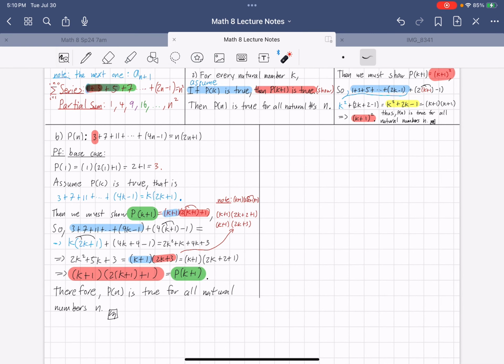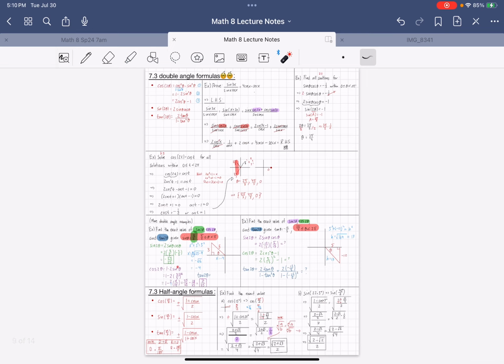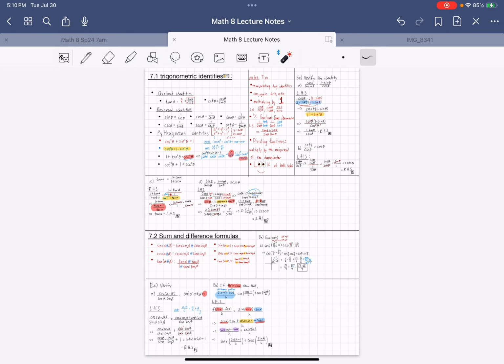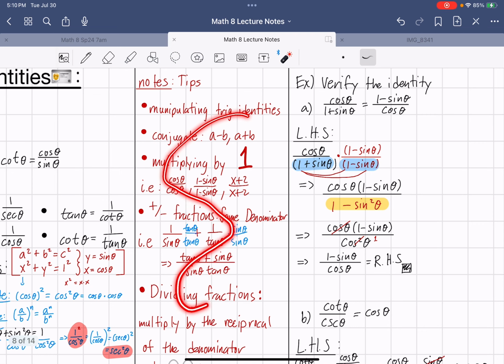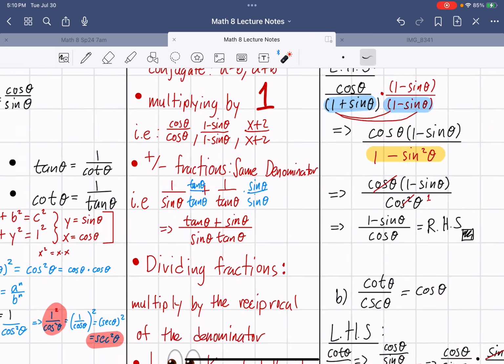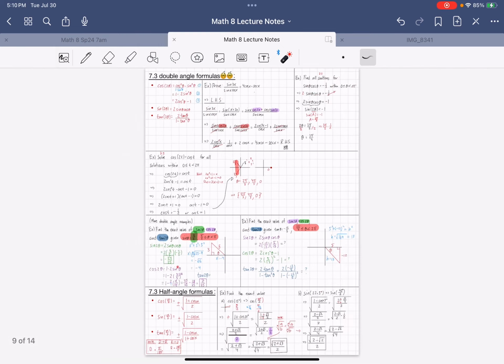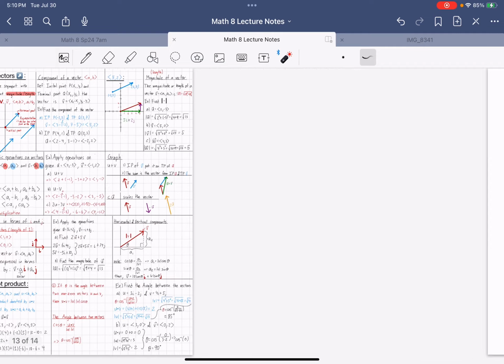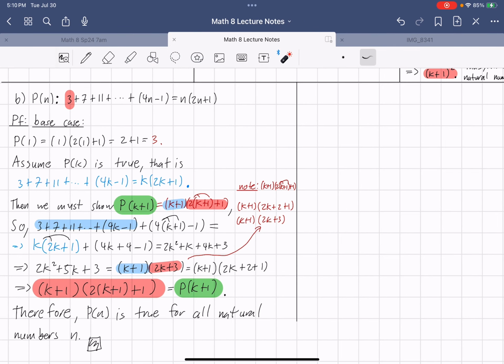And just like when I showed you verifying identities, sometimes we have to think back to our algebra, sometimes doing factoring. How does it work to add fractions together? We need the same denominator.